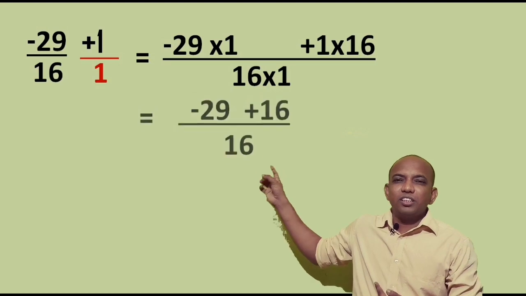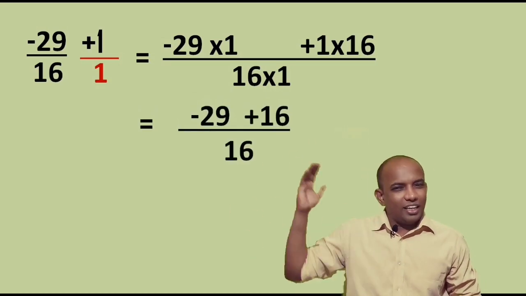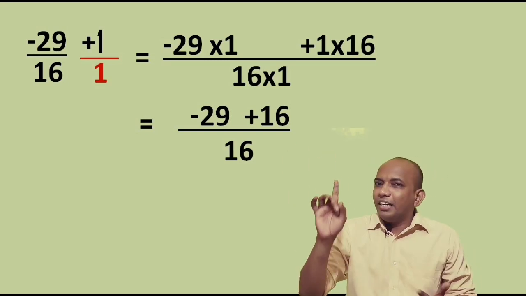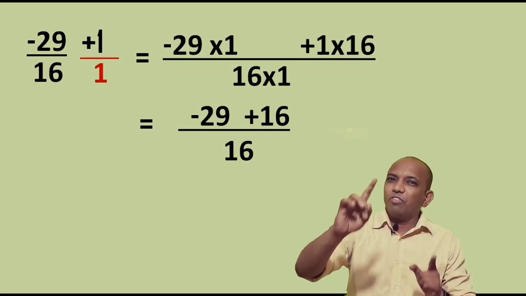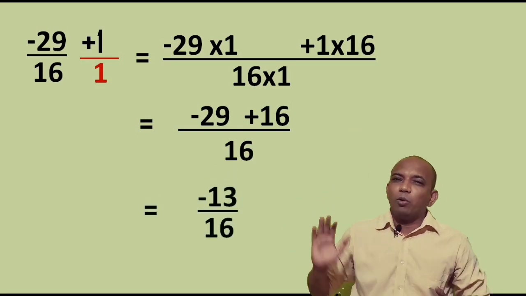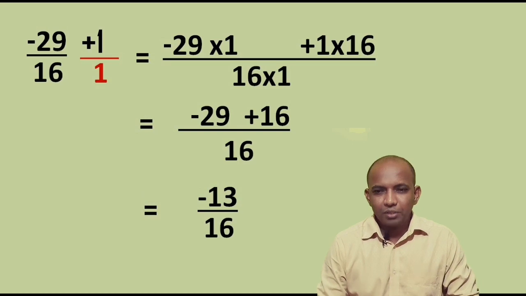Plus 1 into 16, we get the answer plus 16, and in the denominator again 16 into 1, answer is 16. Now carry out the operation in the numerator. What do we have in the numerator? Negative 29 plus 16, and do not forget to give the bigger number's sign, and that makes minus 13 upon 16 as a final answer for that addition, or you can say that operation.